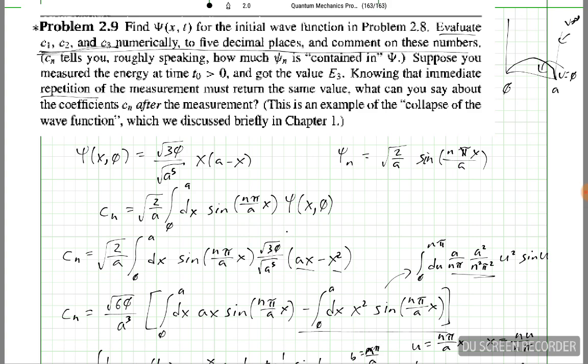So basically, I have my particle in the well, and I go to measure its energy. I have a very high probability of getting ground state energy. But once I have measured it, if I immediately after measure it again, then it must return the same value. We're talking super ideal conditions immediately after.